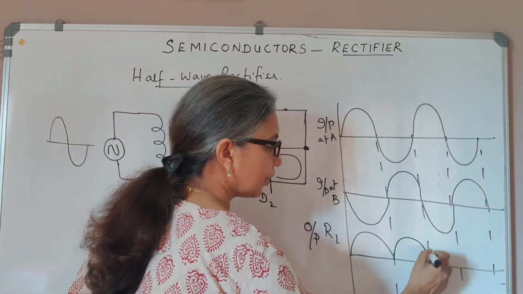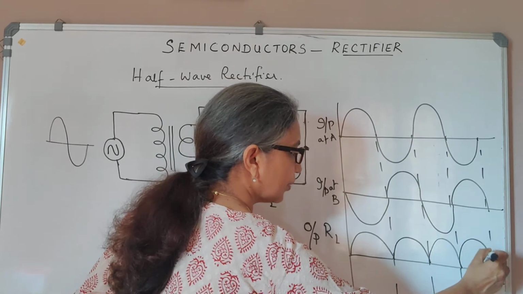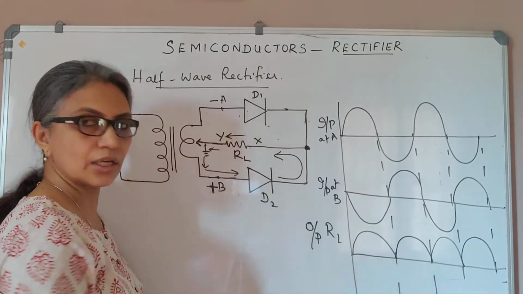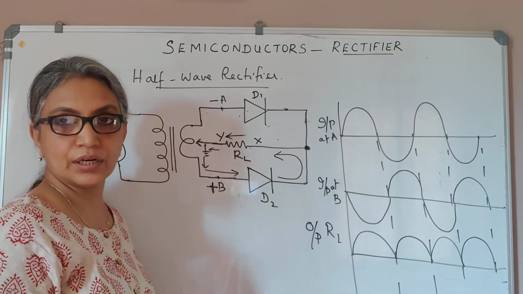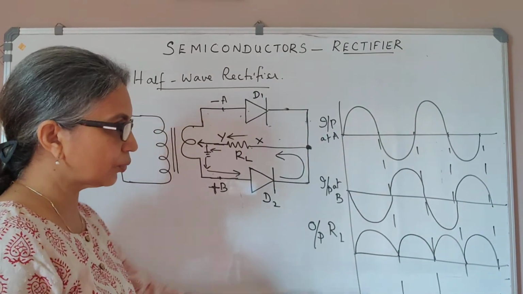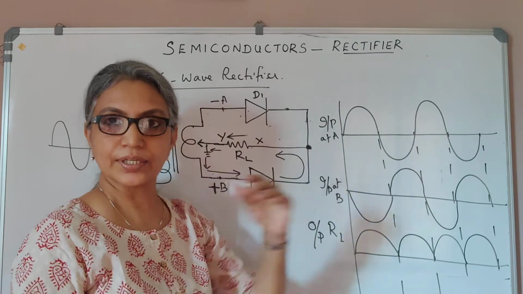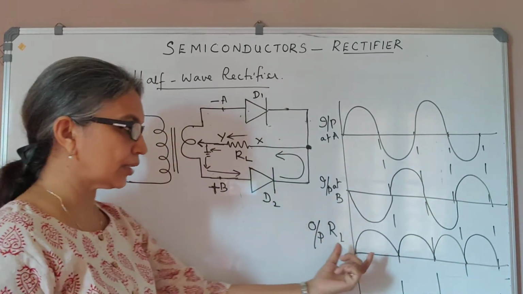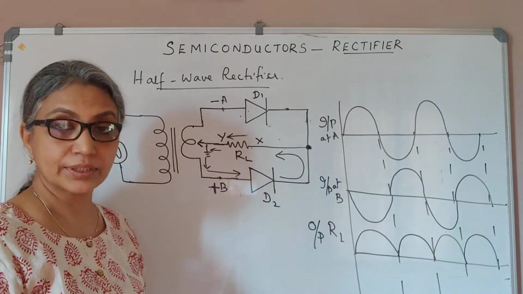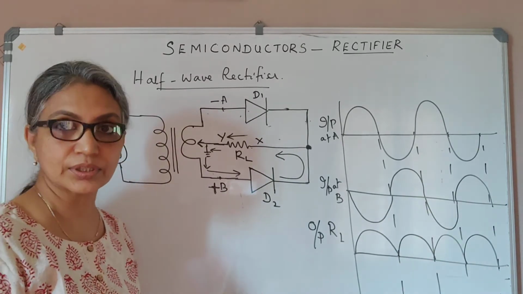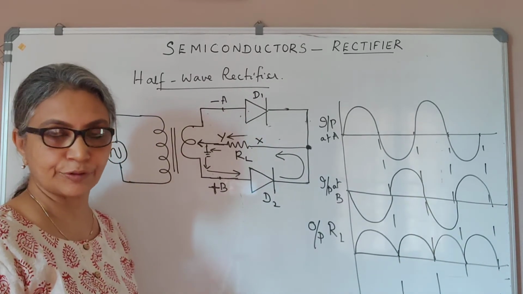So you will always have an output voltage in the same direction, and you can see that the advantage of this full wave rectifier over the half wave rectifier is that we are able to rectify the negative half cycles also, which means that if you take the average of the power output, it will definitely be higher. Actually, it is 2 times that of the half wave rectifier.